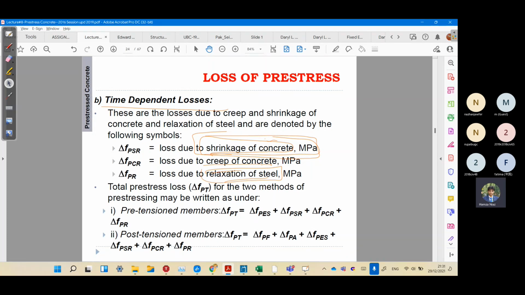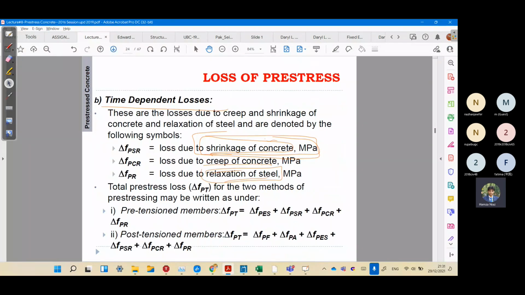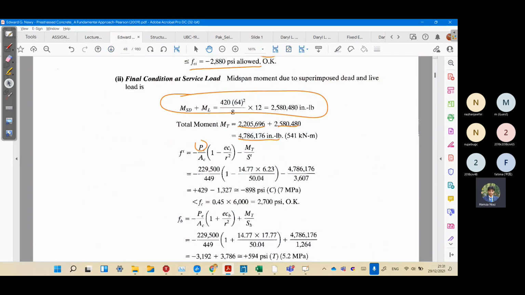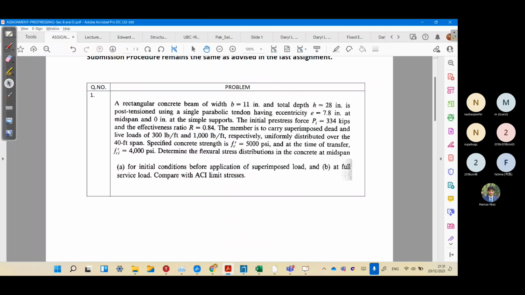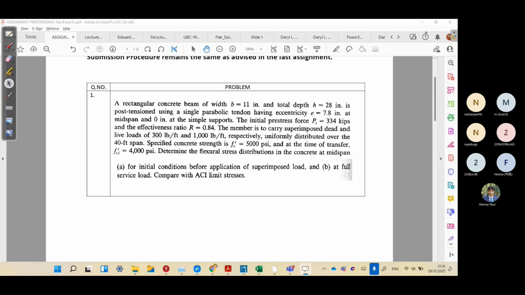So these are time-dependent losses, and those were instantaneous. Try to memorize them because they might be asked. Last time it was all asked, so they are less likely now, but it may be. So there are two types, initial pre-stress and effective pre-stress force.